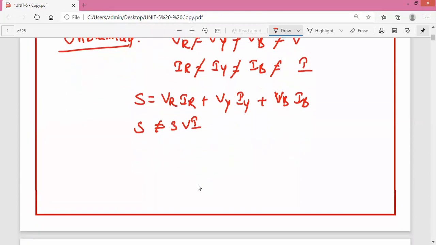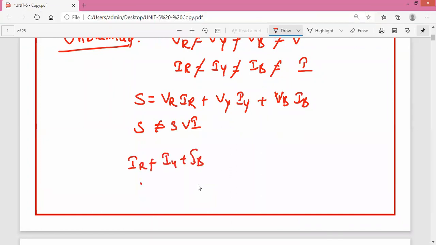Therefore the number of equations required to solve will increase, and the time taken for solving these equations will also increase. One more important point: earlier we took IR plus IY plus IB.